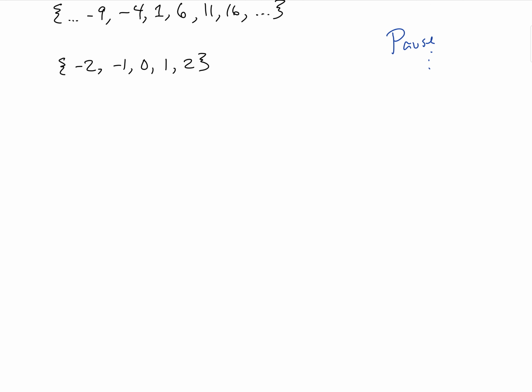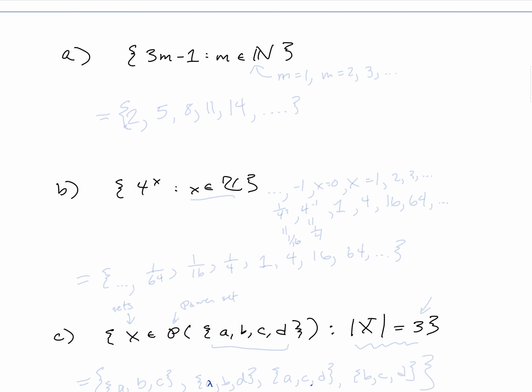Okay, so this is the set 3m minus 1 such that m is an element of the natural numbers. So let's think about some things that are in that set. m being in the natural numbers means that m could be 1, m can be 2, and m can be 3, and so on.